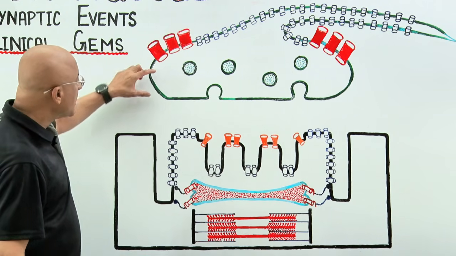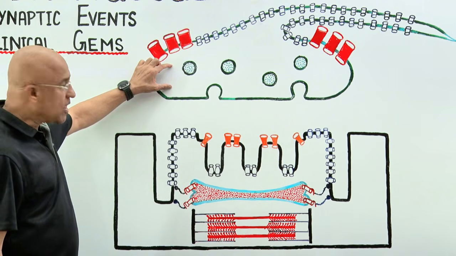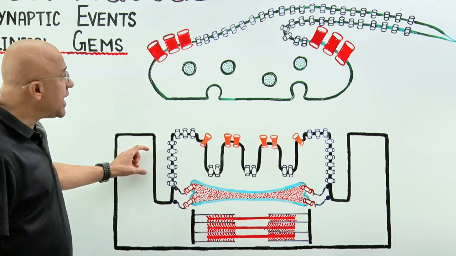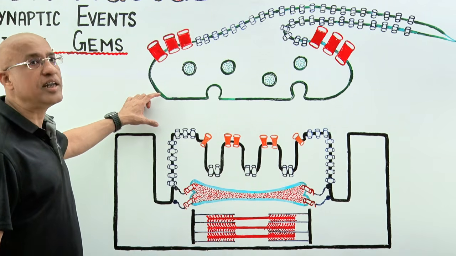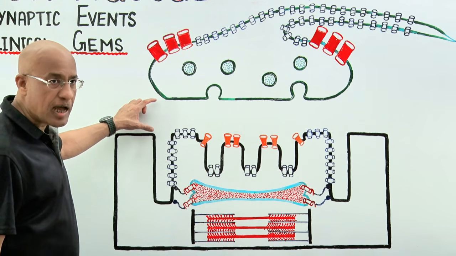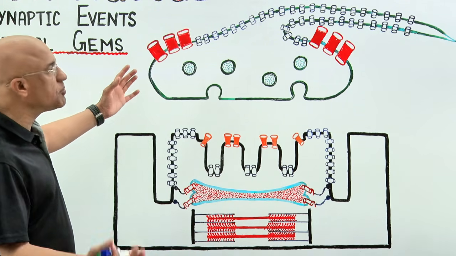So here is the nerve ending or nerve terminal, and this is the motor end plate. This is a very specialized type of synapse, and it consists mainly of three parts.